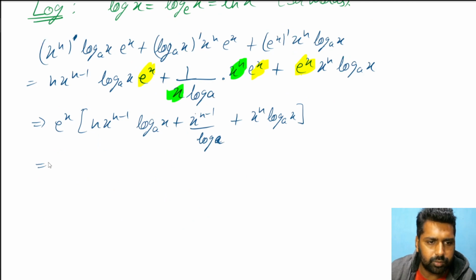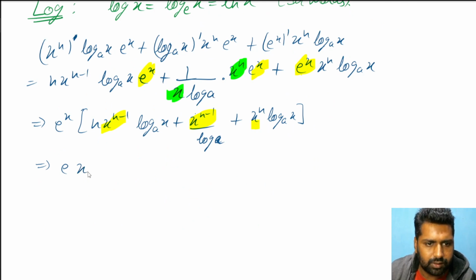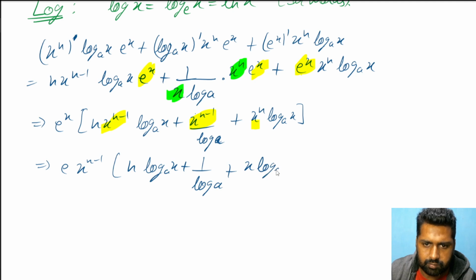Further taking one more step, taking x raised to power n minus 1 common, that gives n log base a x plus 1 by log a plus x log base a x.